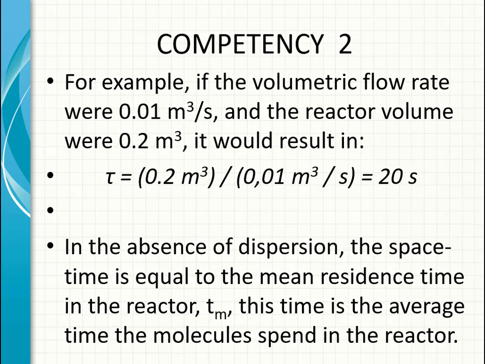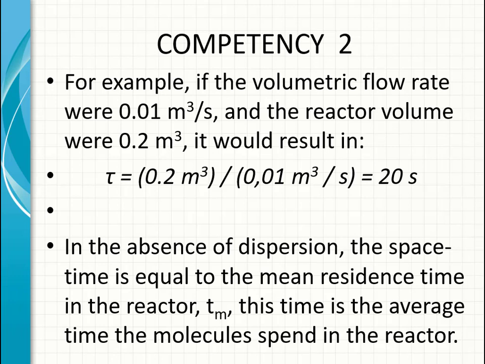For example, if the volumetric flow rate were 0.01 cubic meters per second and the reactor volume were 0.2 cubic meters, it results that tau is equal to 0.2 cubic meters, the volume of the reactor, divided by 0.01 cubic meters per second, the volumetric flow rate, and then tau will be 20 seconds.